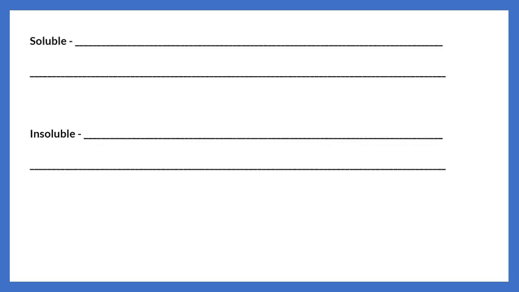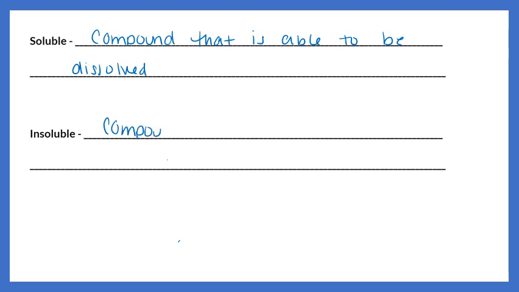Now, we have something that is called soluble, which means it is a compound that is able to be dissolved. And then we have insoluble, which is a compound that is not able to dissolve.